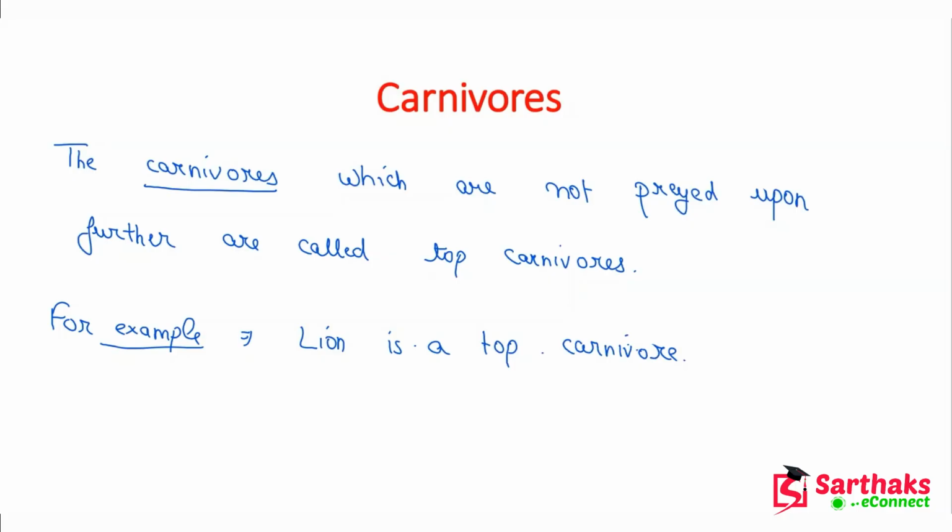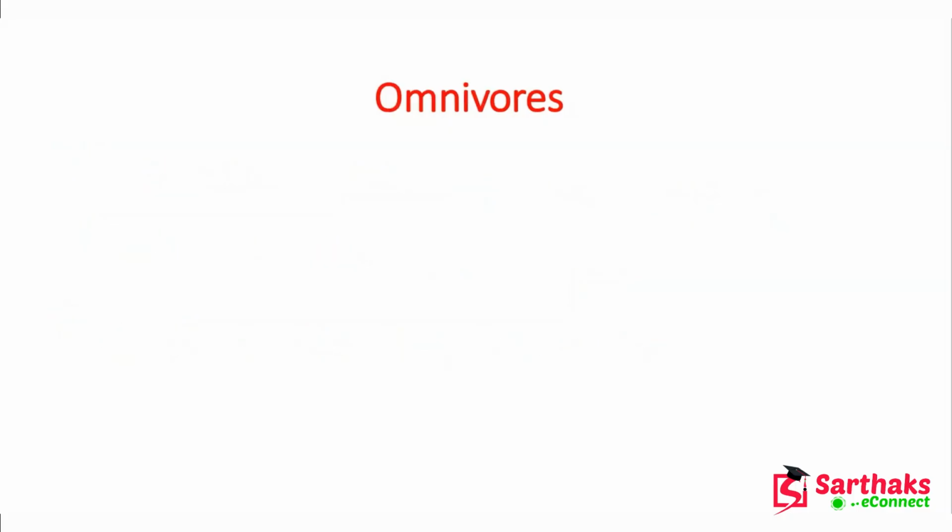Now, the next topic that we are going to look at is omnivores. Now we have studied the herbivores and the carnivores. Now what are the omnivores? These are the organisms which feed on both plants and animals.